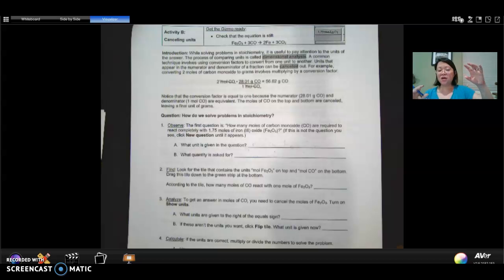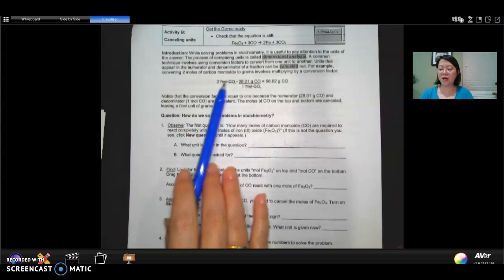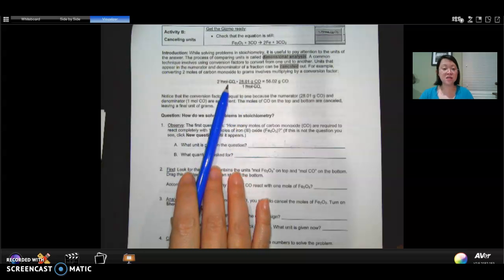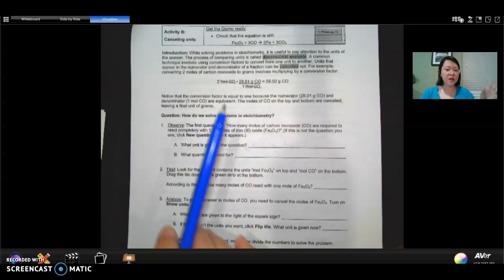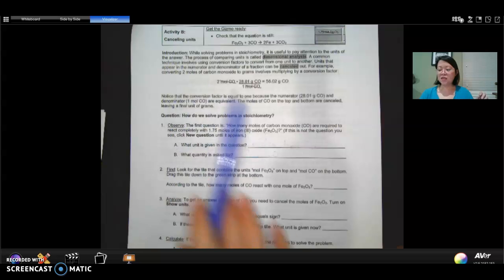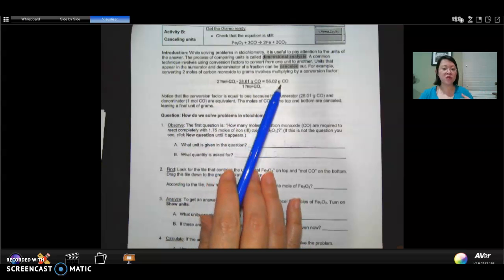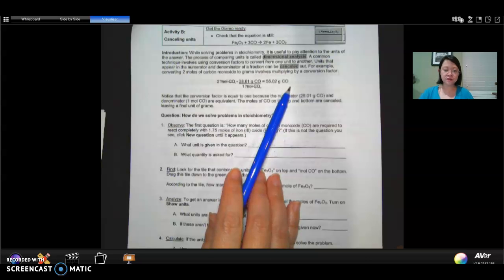If they're the same thing on top and bottom, then they can be canceled out. The same thing applies here with our dimensional analysis, because even though they're diagonal from each other, this is still technically on top, this is still on bottom, and so they will cancel each other out. That's the whole point of dimensional analysis, canceling the units until we're left with the unit we want and the substance that we want.